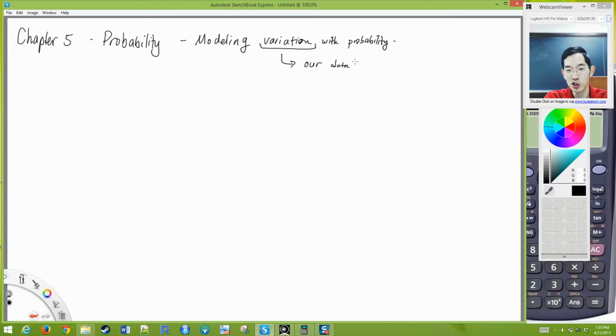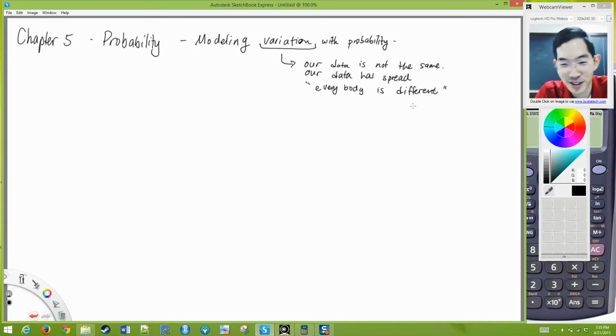Our data has spread. And my mantra in life, everybody is different, okay? What works for me may not necessarily work for you. What works for you may not necessarily work for everyone else.